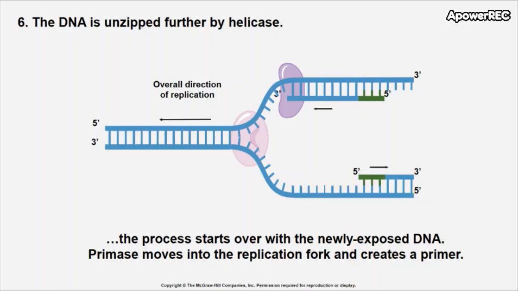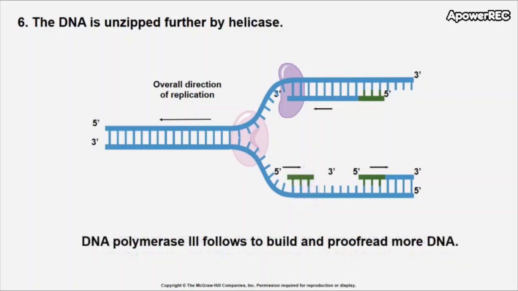So this process will start over when a newly exposed piece of DNA on that bottom strand attaches to a primase, and the primase lays down a new primer. So here's our primase. It's going to read 3' to 5', write 5' to 3'. And now the DNA polymerase 3 can follow in and bind to that primer and read 3' to 5' and build 5' to 3' until eventually it reaches the previous primer, which also causes it to dislocate.